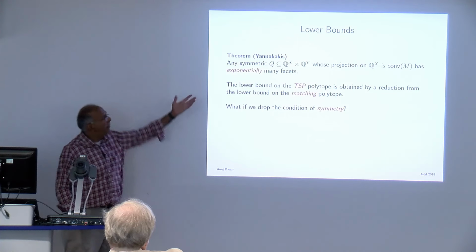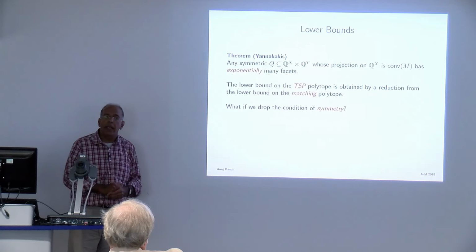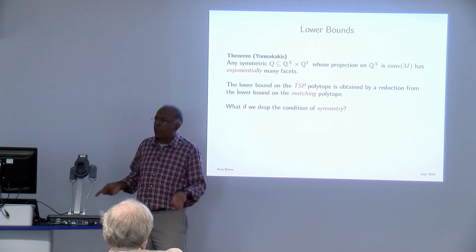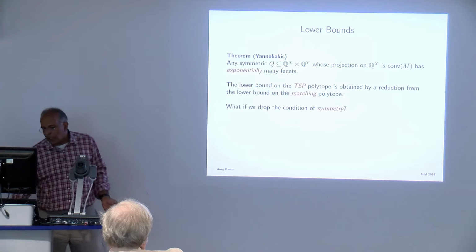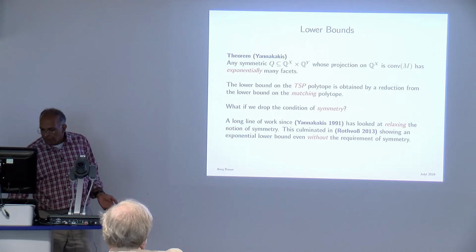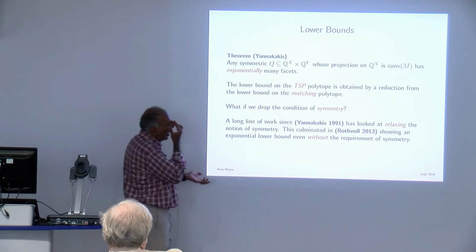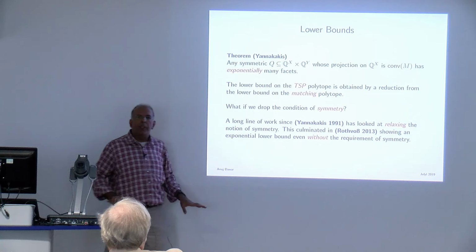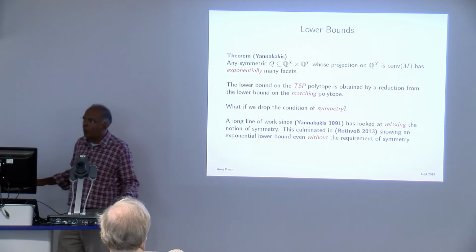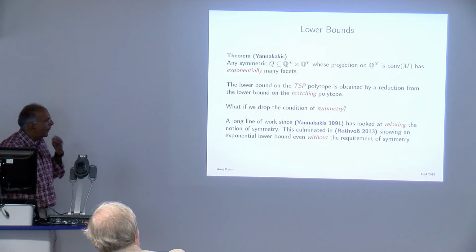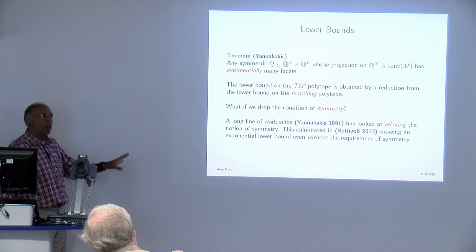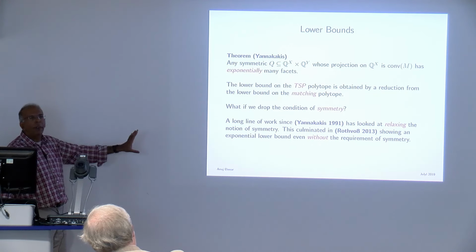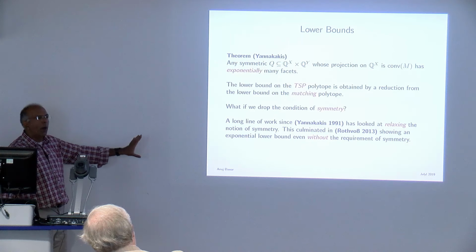Well, it was essential to his proof back in 1991, but the proof initiated a whole project over 20 years of work by many people, which culminated in this result by Rothvoss, who showed that actually you can prove this exponential lower bound even without the requirement of symmetry. So simply, there is no extended formulation of the traveling salesman polytope, or even of the matching polytope, of polynomial size.